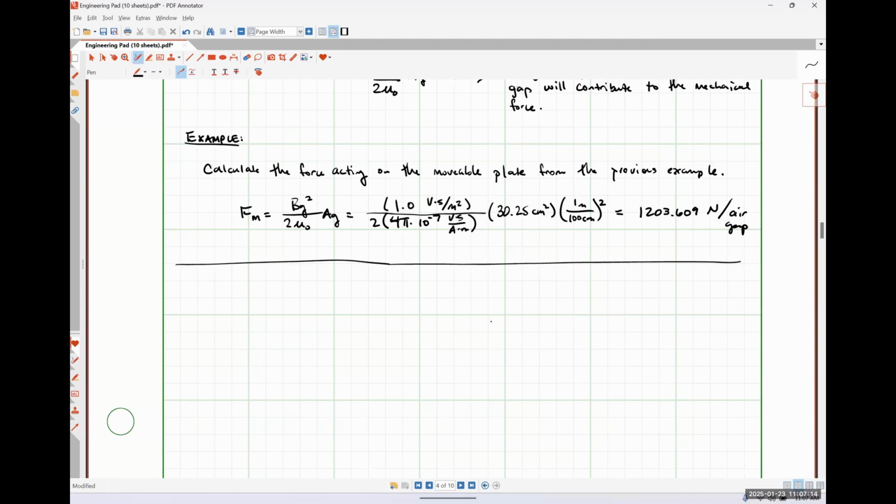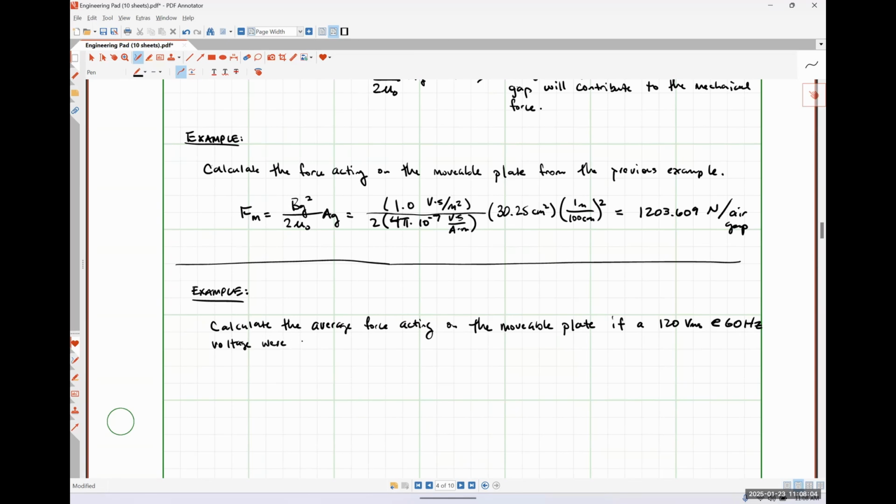Okay, so I want us to calculate the average force acting on the movable plate if 120 volts RMS at 60 hertz voltage were applied by our voltage source.